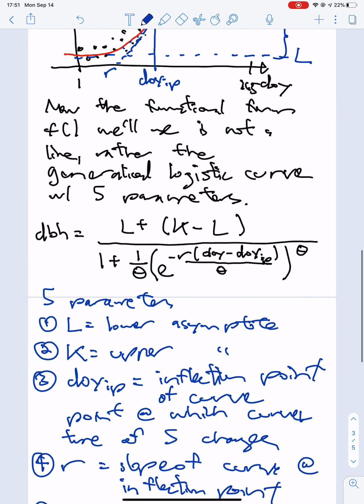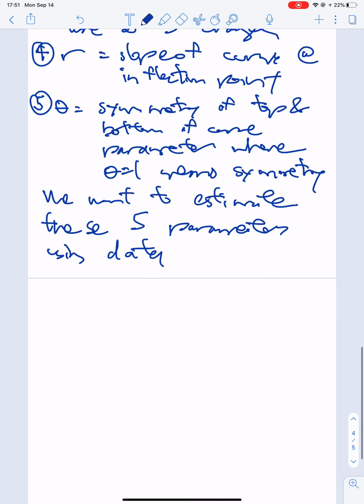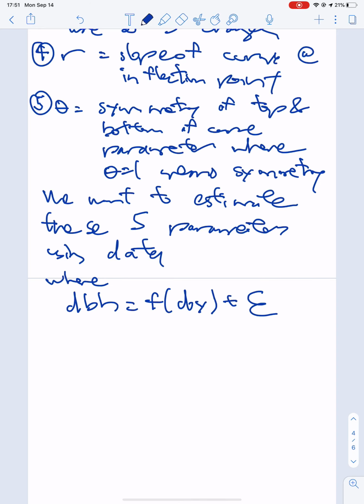We want to estimate these 5 parameters, where dBH is equal to f of DOY plus epsilon.